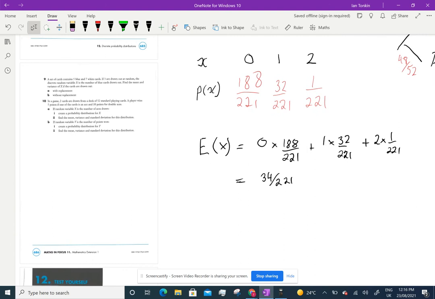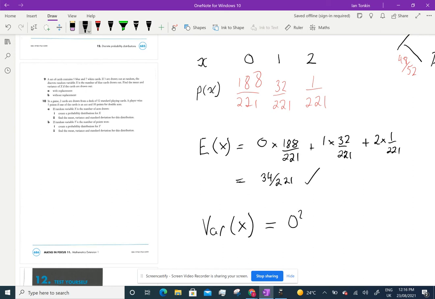Now, to calculate the variance, remember the variance? Okay, so the variance, I have to square them and times the probability and then minus this thing squared.